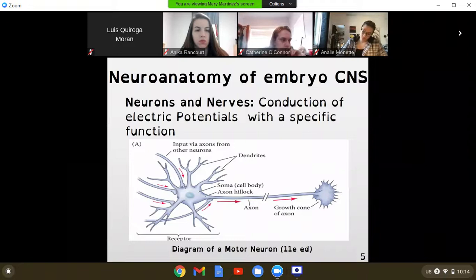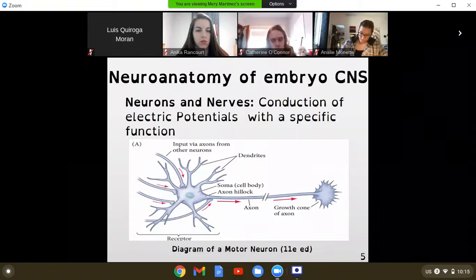Then we have neurons. This is what we relate a little bit more with the nervous system. Neurons are cells capable of conducting electric potentials and transforming that electrical signal into a specific function, even if it's a thought, a sensation, a perception, a feeling, etc. So that's what makes us what we are, and allows us to do what we do.